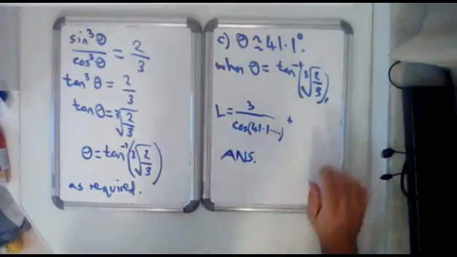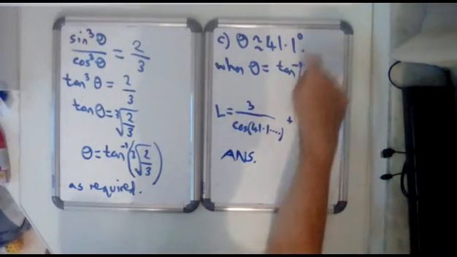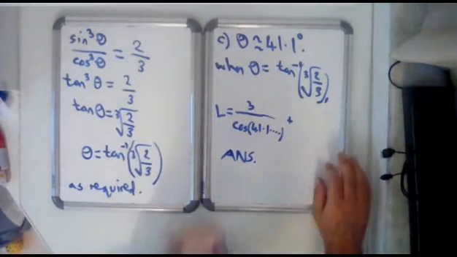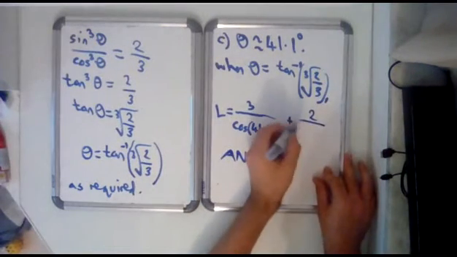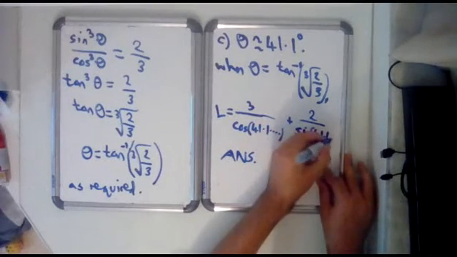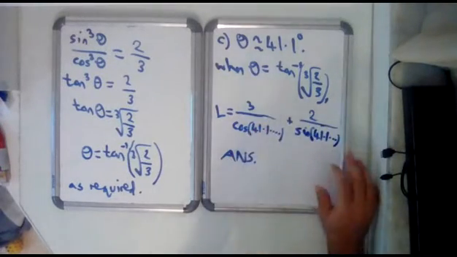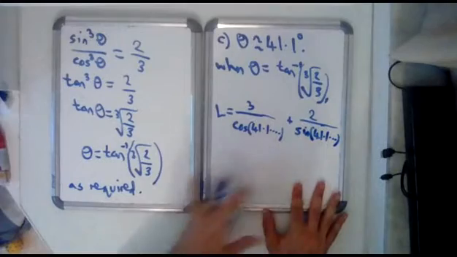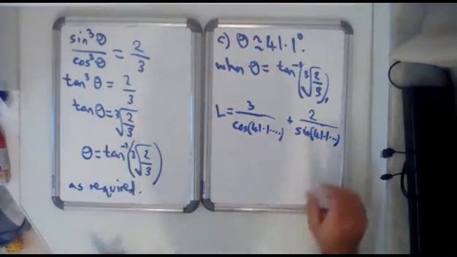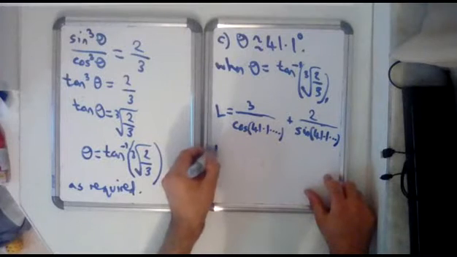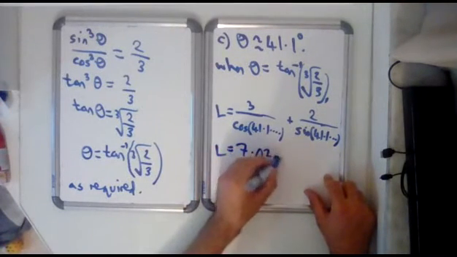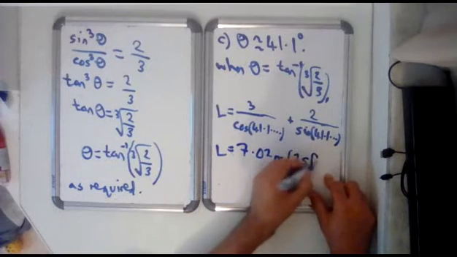If you've just done this calculation to get that angle on a calculator, just use your ANS button. So you're going to write 3 over cos ANS plus 2 over sine ANS. I'm not going to write it here, but you should use your ANS. So when you put this into your calculator, it tells you that L equals around 7.02 meters to 3 significant figures.